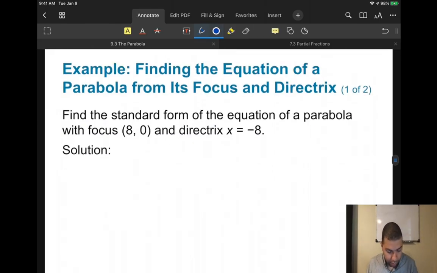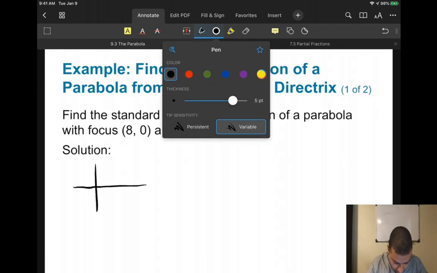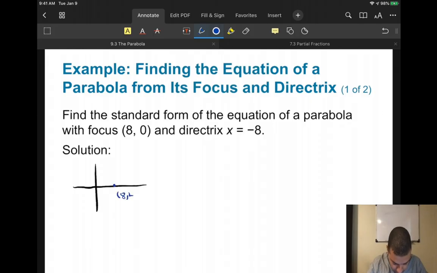So here's the example. Find the standard form of the equation of a parabola with focus here and directrix x equals -8. So if I place this here, (8, 0) lives here. So this is the focus. I'm not writing focus very well today.